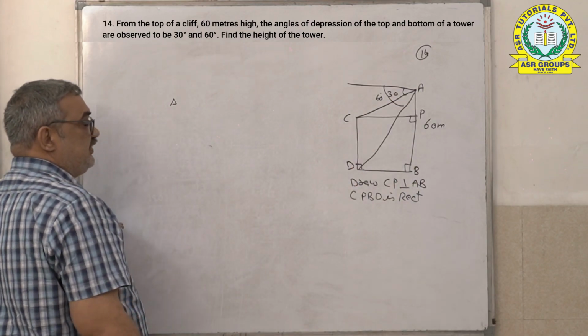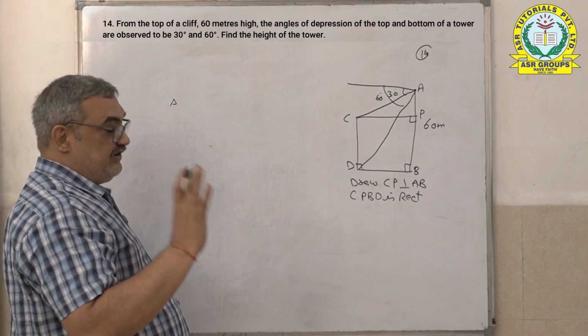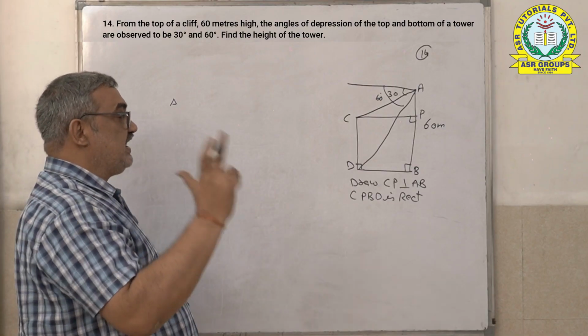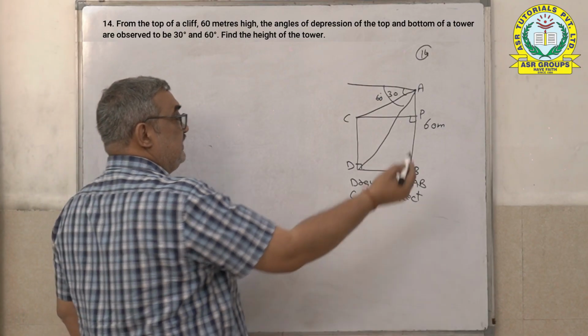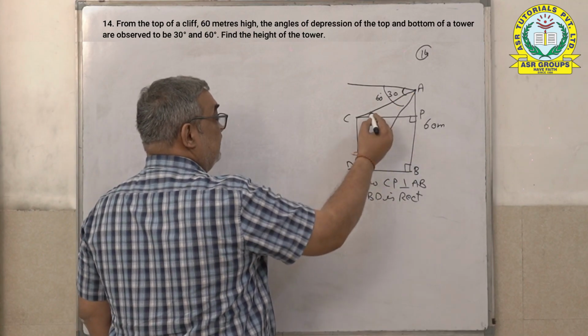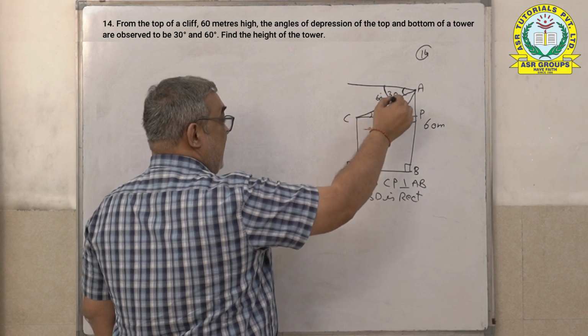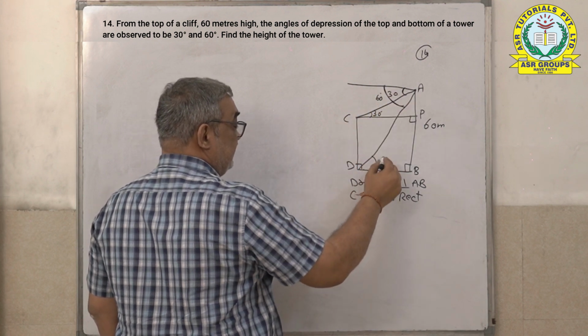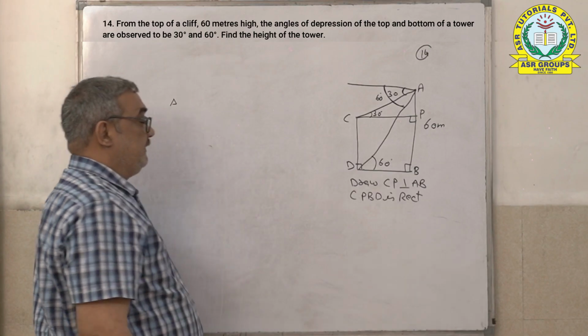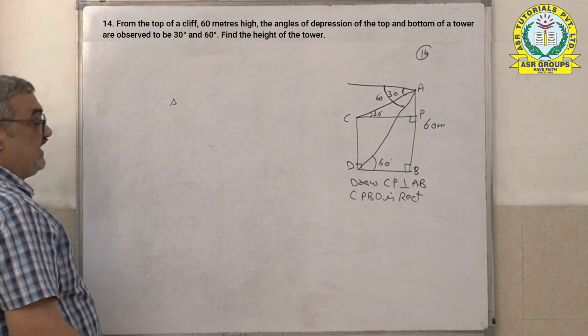You know, the angle of depression is equal to the angle of elevation. This is 30, so this is 30. This entire is 60, so this is 60 degree. We'll take triangle ABD.